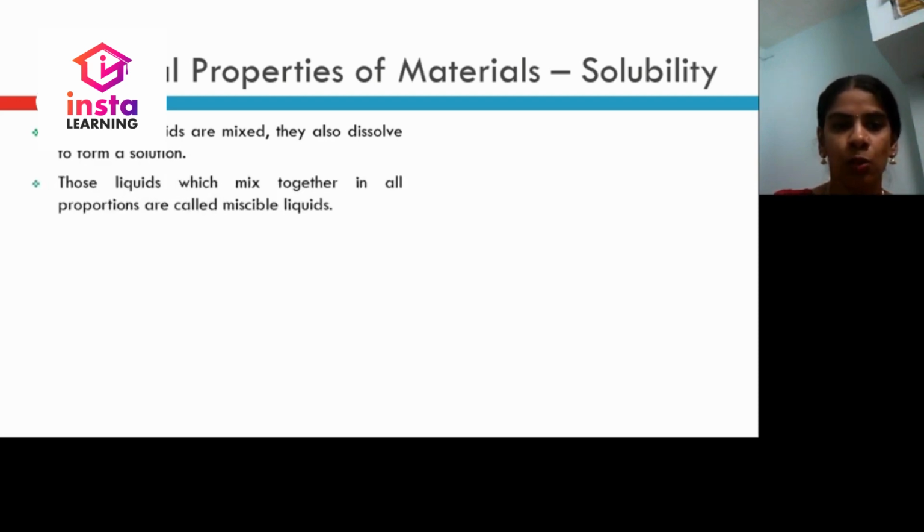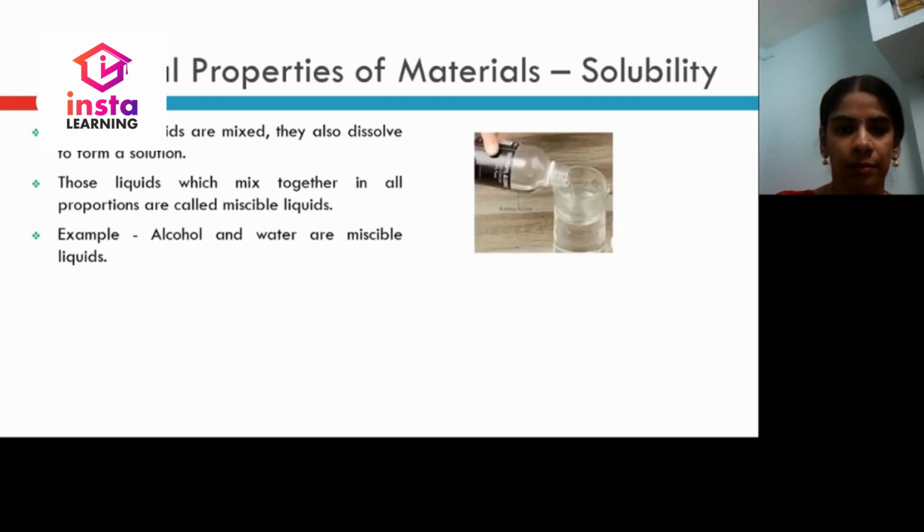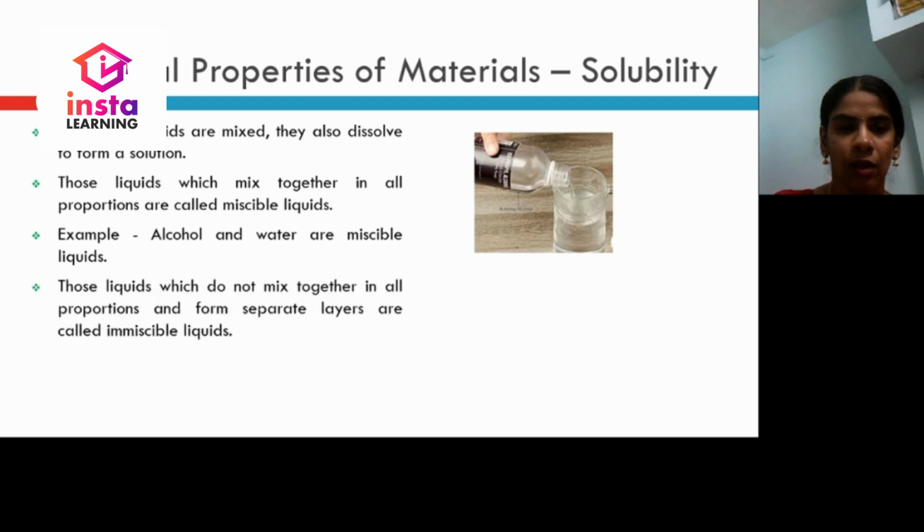Those liquids which mix together in all proportions are called miscible liquids. Example, alcohol and water. Those liquids which do not mix together in all proportions and form separate layers are called immiscible liquids.